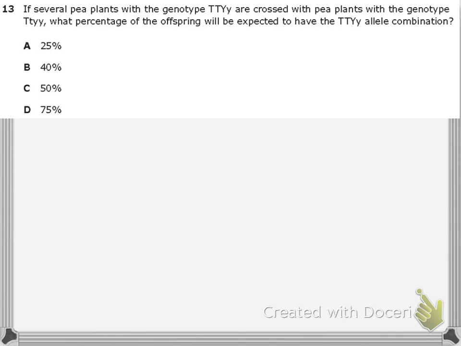Now, you may be familiar with Punnett squares, which you use to figure out what percentage of possible offspring would have different traits.